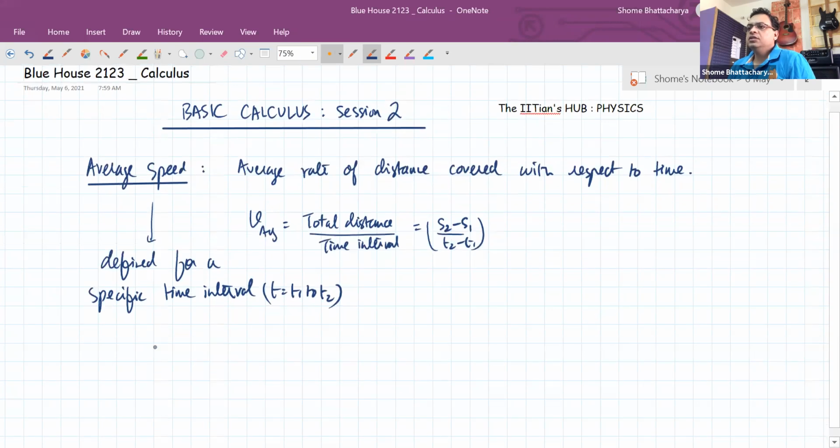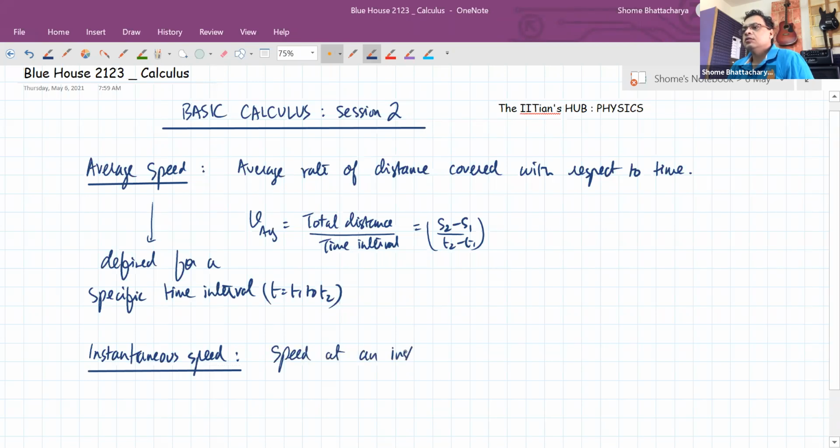Whereas when we discussed instantaneous speed, we saw that it's a somewhat more confusing and more abstract concept. We saw that instantaneous speed is the speed at an instant. It means that at a particular moment of time, what is the rate of distance with respect to time?